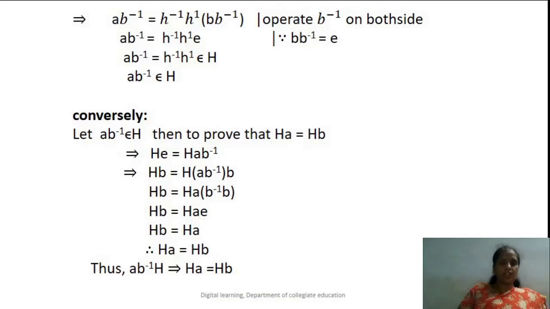So, HE is equal to HAB inverse. Let us take it like this.